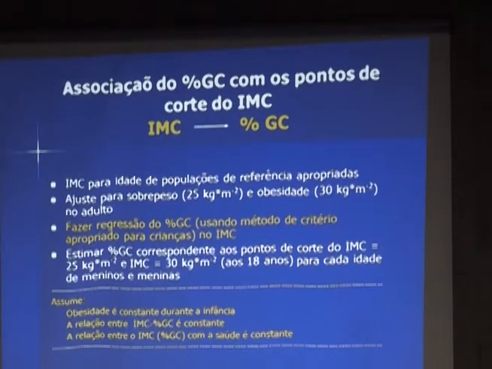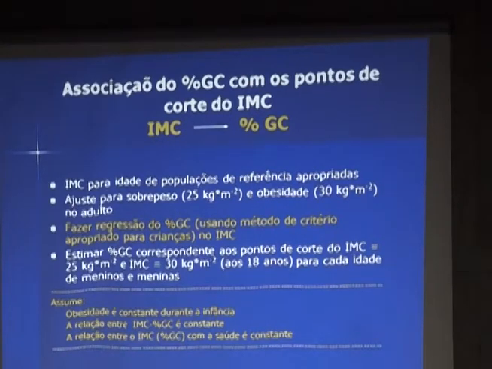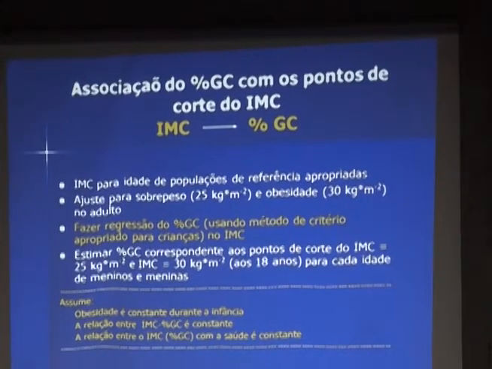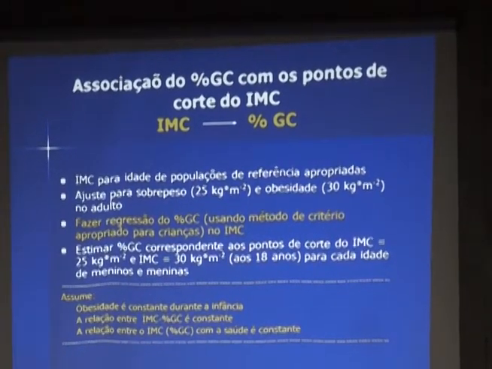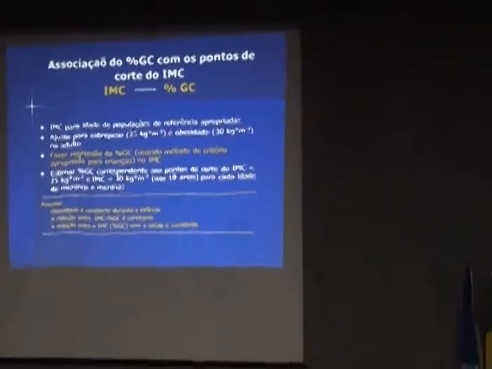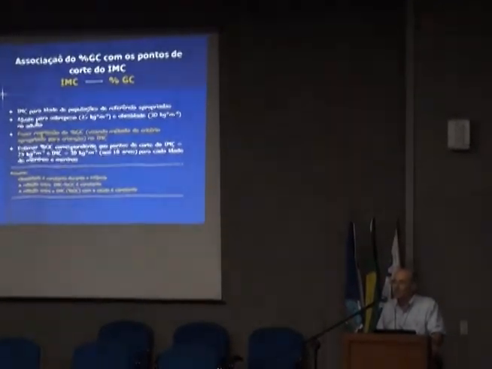What is the equivalent of a BMI of 25 in an 18-year-old male and female? What is the equivalent of a 30 BMI? And then you can back extrapolate, work backwards by age and ask what's the equivalent BMI at all the different ages. Then you do a regression of body fat on BMI, convert BMI to percent fat, and say the standard should be 20% fat, or whatever it ends up being.